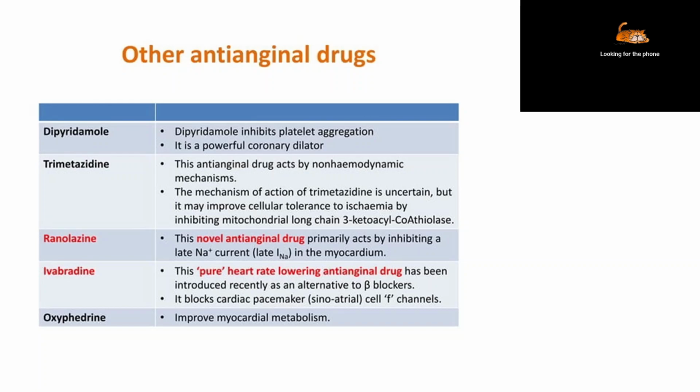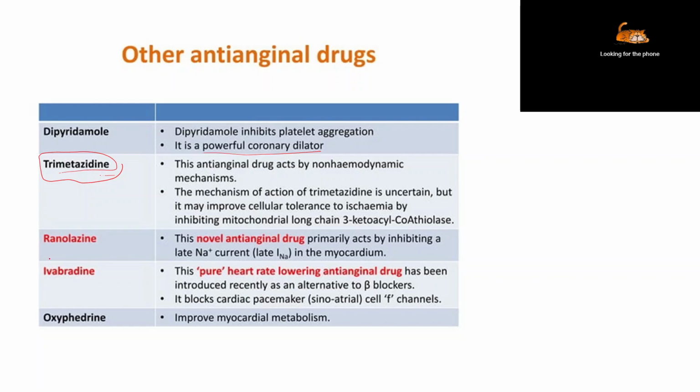Some new agents are there. Mainly you can see dipyridamole; these drugs are powerful dilators. These are the new drugs. Trimetazidine: these are the new anti-anginal drugs. The mechanism of trimetazidine is that it allows the utilization of glucose by the heart muscle, so the heart muscle can get more energy from glucose, and it blocks the pathway of fats, lipids.